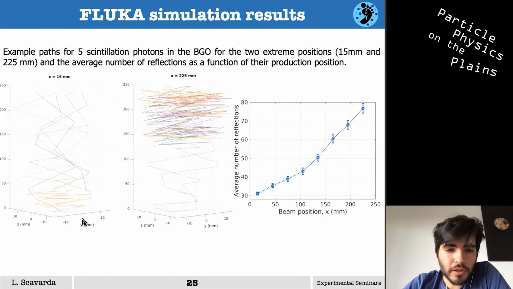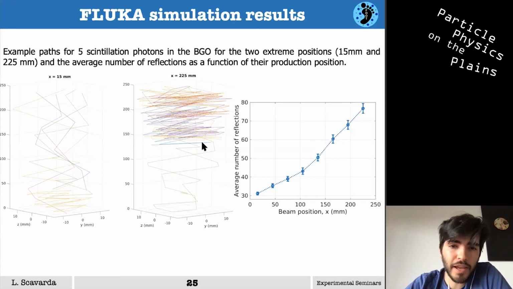From the simulation, I also calculated the number of reflections inside the BGO crystal. For example, in this slide, we have an example of the path for 5 scintillation photons in the two extreme positions: the farthest position from the SiPM, at 15 millimeter, and the closest position, at 215 millimeter.